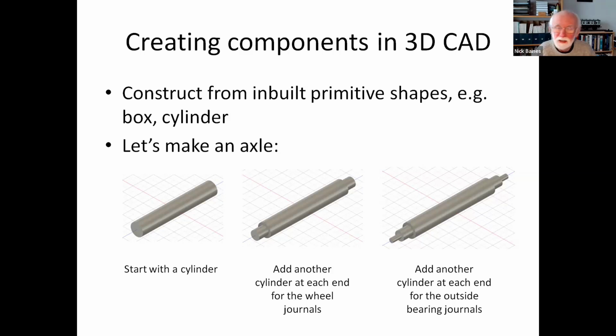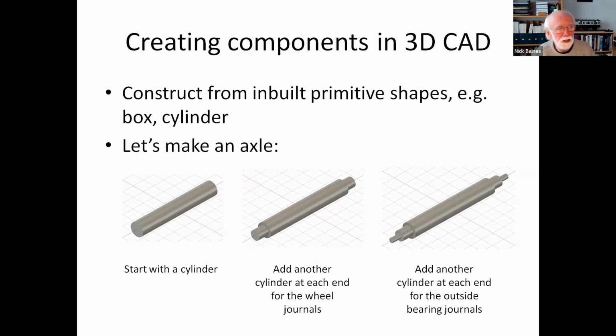A cylinder is a body with a defined diameter and length and a defined position in space. And we can build up complicated shapes from primitives like that.